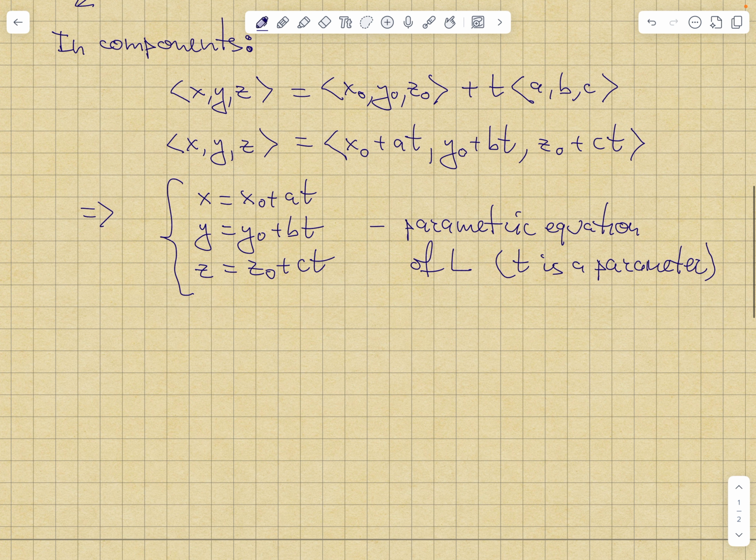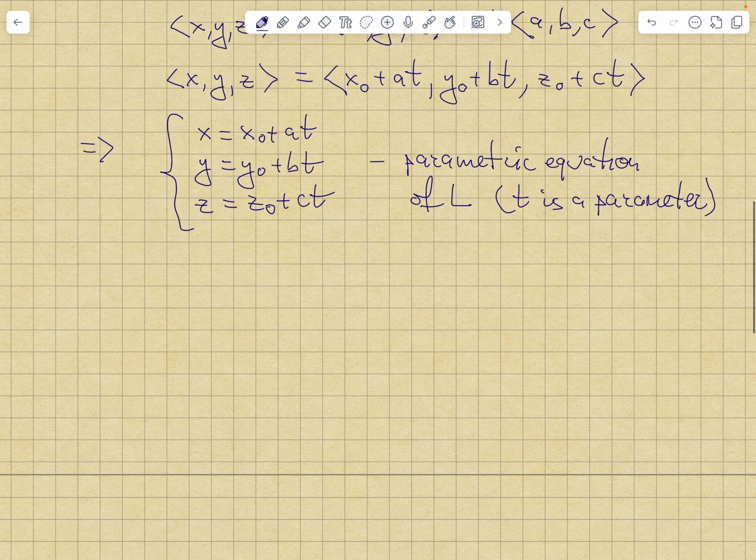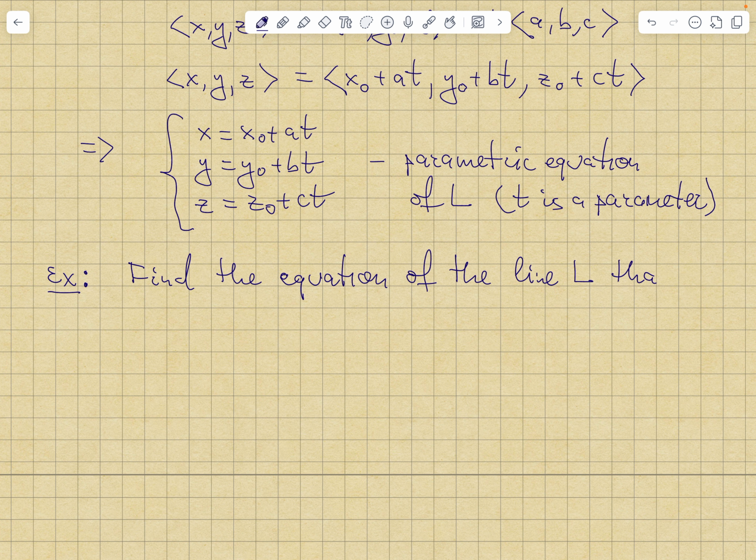All right, let's do an example of this. Let's say I want to find the equation of the line L that passes through the points, let's suppose, 0, 1, 0, and maybe 1, 2, 3.